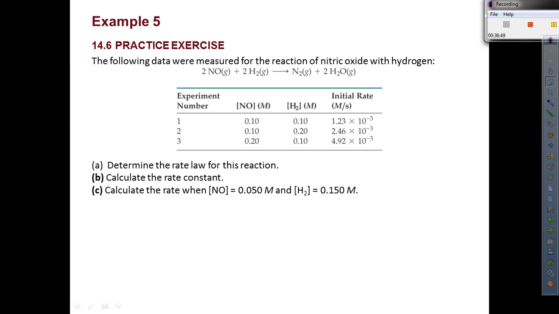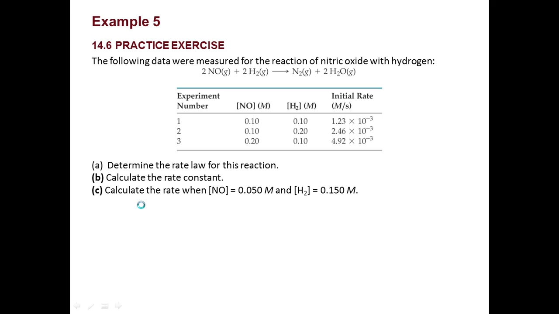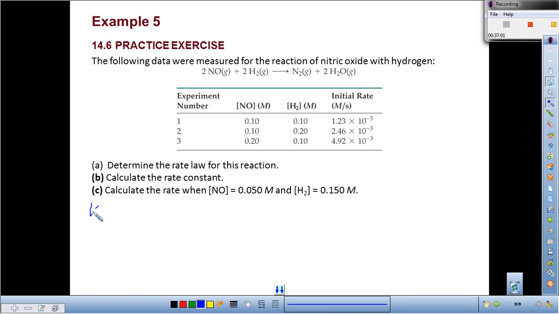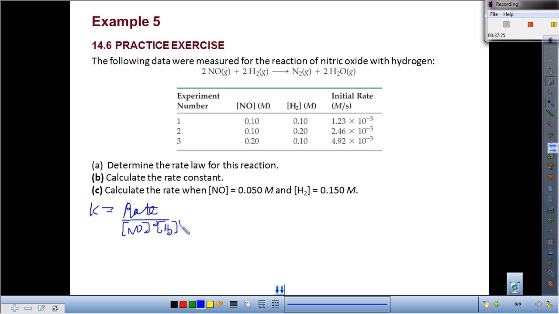I need to find K. So I'm going to rearrange my equation for K. K is equal to rate divided by NO squared and H2 to the 1.